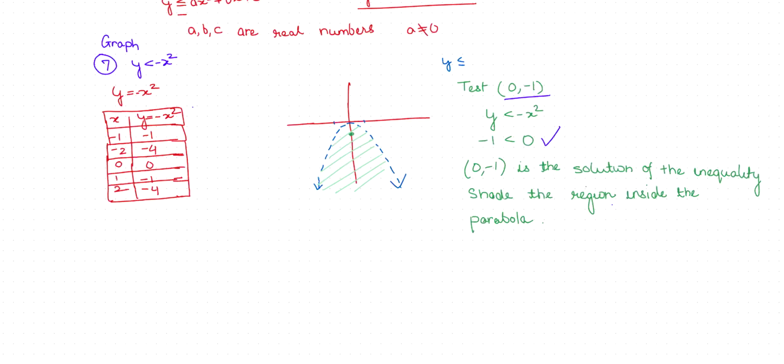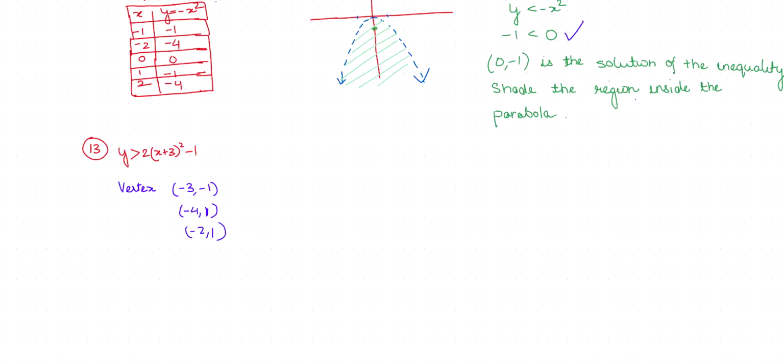So we shade this portion, and we see that 0, negative 1 is the solution and the shaded portion is the solution of the inequality. Since 0, negative 1 lies inside the parabola, the inside part of this parabola is the solution of the inequality. Let's do another question.